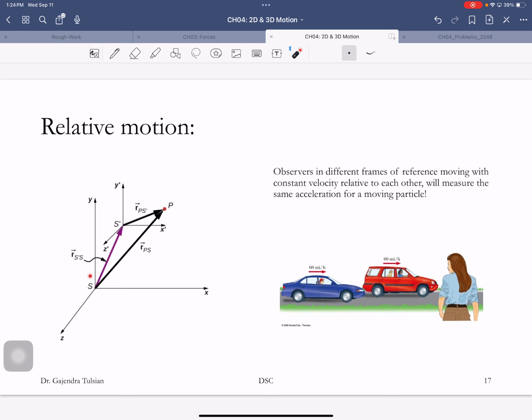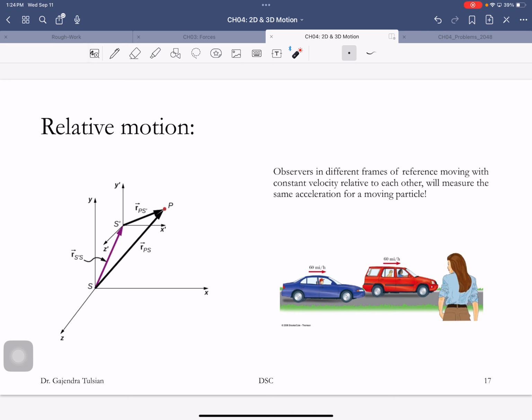Okay, so here's one frame of reference. Okay, and here's another frame of reference. Okay, so in this example, this frame of reference would be that which is moving at constant velocity, and so on. Okay, there's the position of an object. There's an object, and with reference to this frame of reference, there's the position of this object. With reference to this frame of reference, there's the position of the object.